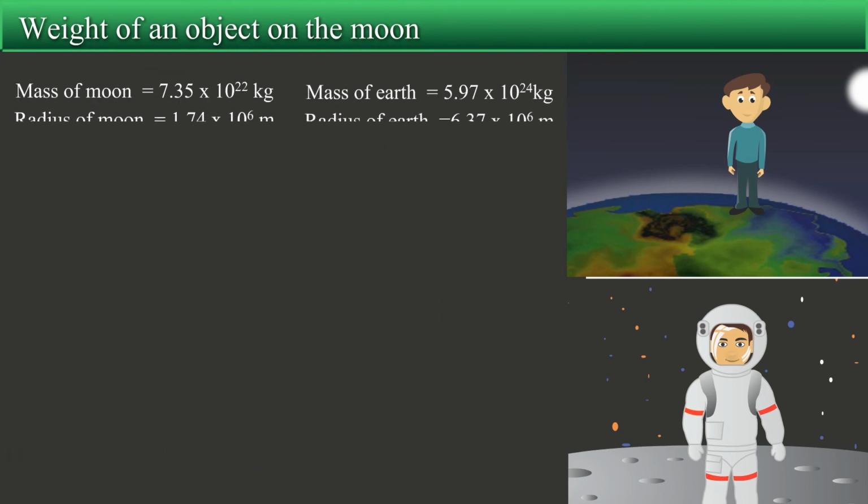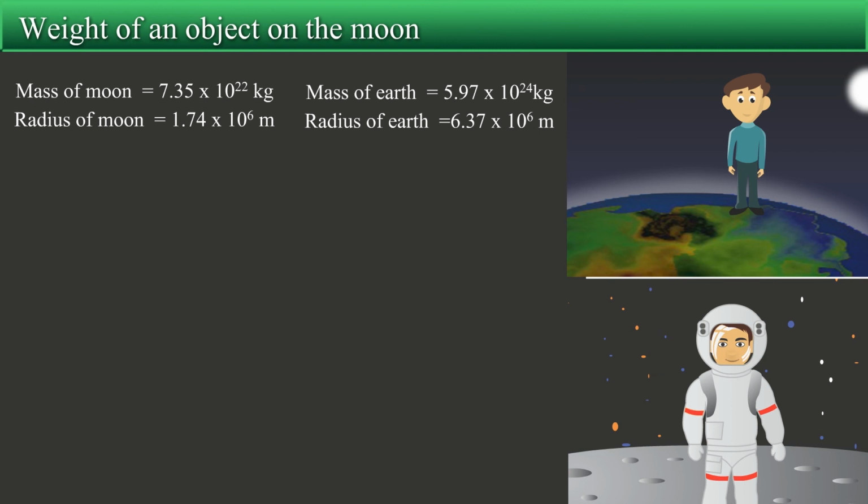Mass of the moon is 7.35 multiplied by 10 raised to the power 22 kilogram. Radius of the moon is 1.74 multiplied by 10 raised to the power 6 meters. Mass of the earth is 5.97 multiplied by 10 raised to the power 24 kilogram.